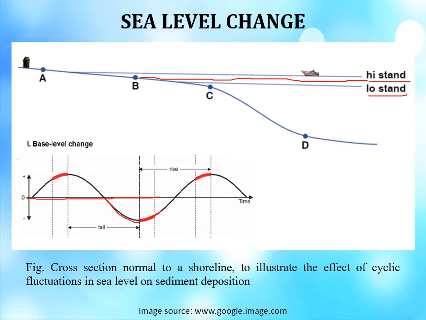Now this part indicates the high stand condition with respect to present day situation, and similarly this part, which indicates the below depth of mean sea level with respect to present day condition, is the low stand condition. So the positive side indicates the high stand condition of sea level, the negative side indicates the low stand of sea level with respect to present day sea level height.